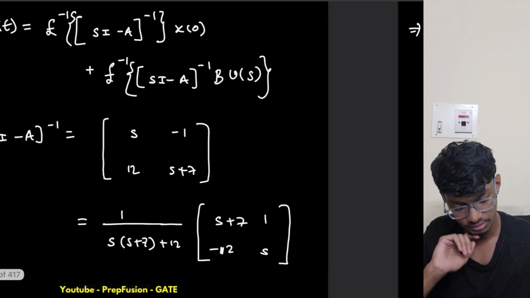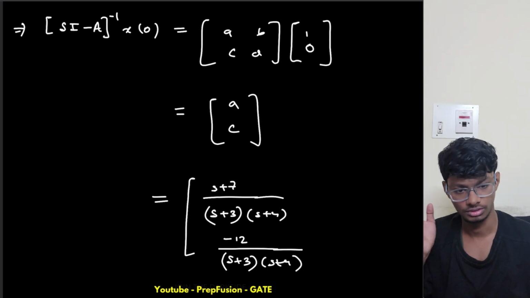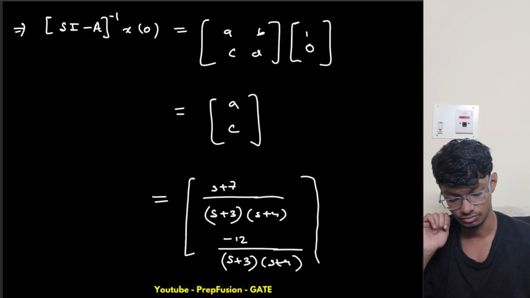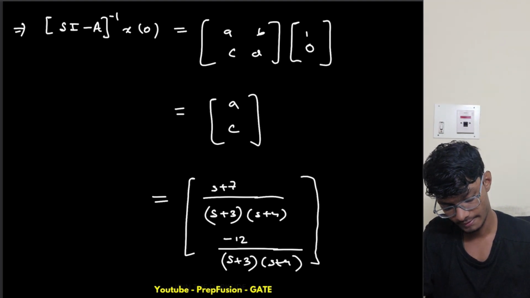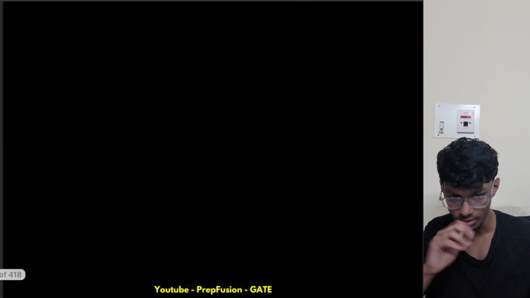This is minus 12 by s plus 3 plus s plus 4. So again I have to do the partial fraction in this case. How to do the partial fraction?